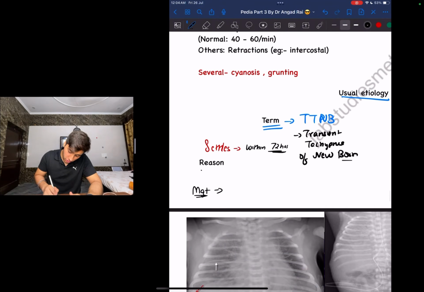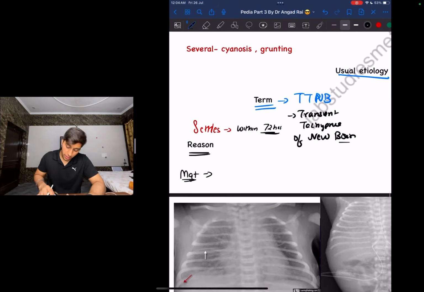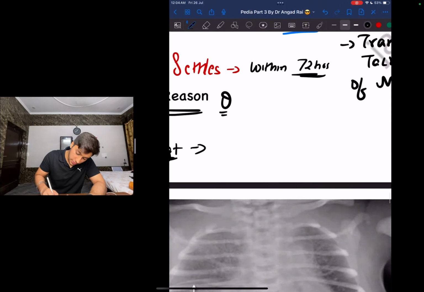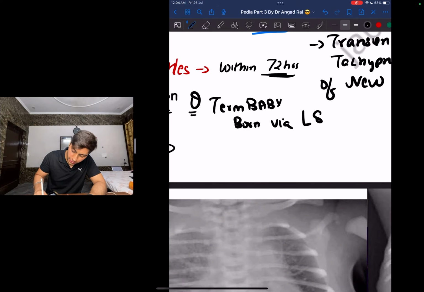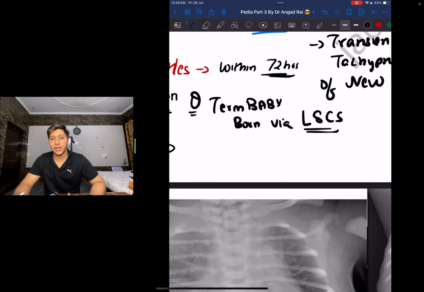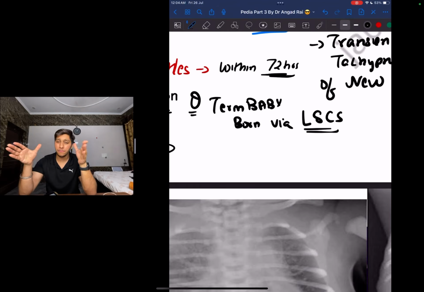Okay, what is the cause of transient tachypnea of the newborn, guys? In the history, first of all, it is a term baby born via lower segment cesarean section. I'll tell you why. Whenever there is a normal delivery, the mother is applying some pressure, and the pelvic muscles are also pressing on the baby.